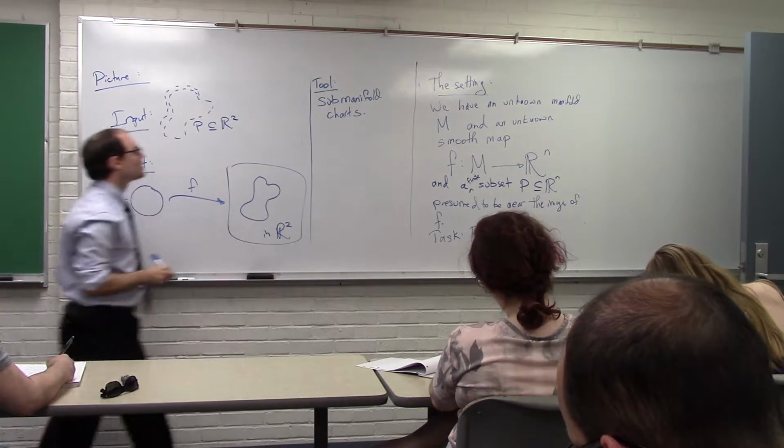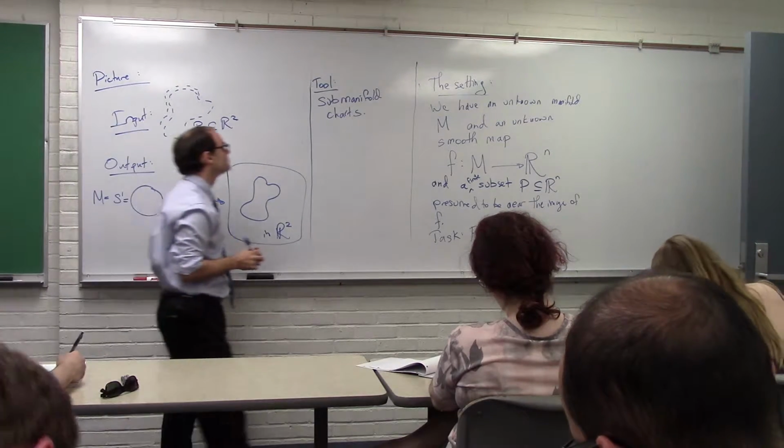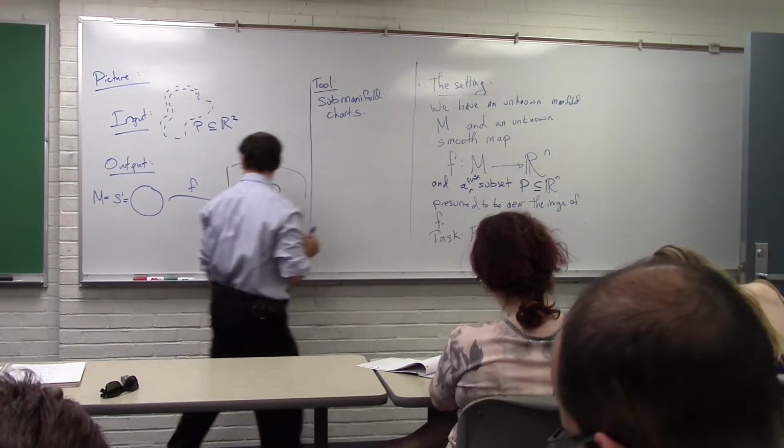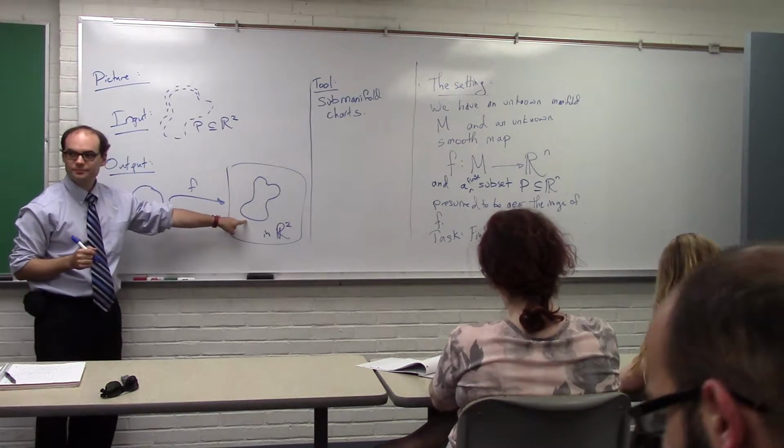So, a submanifold chart is a chart in which, well, it looks like this guy's been straightened out.